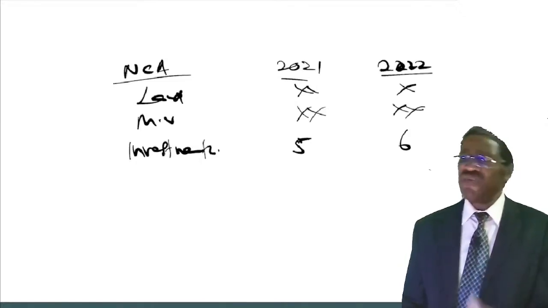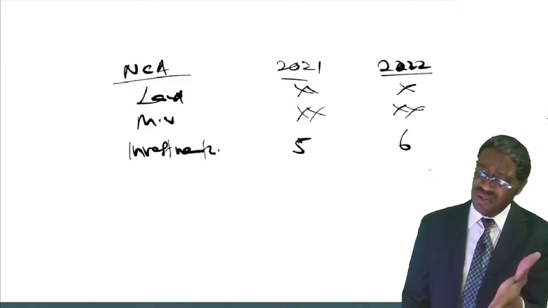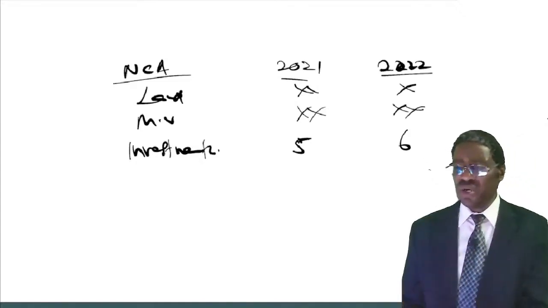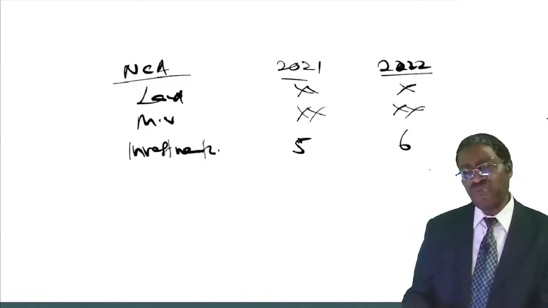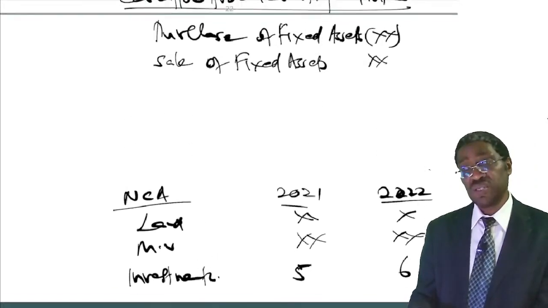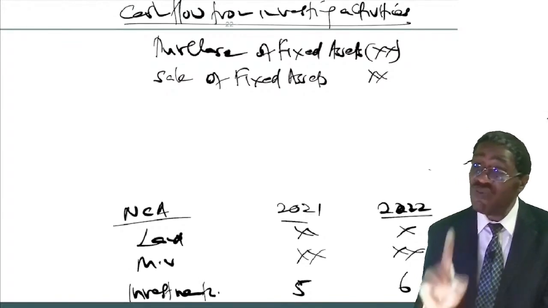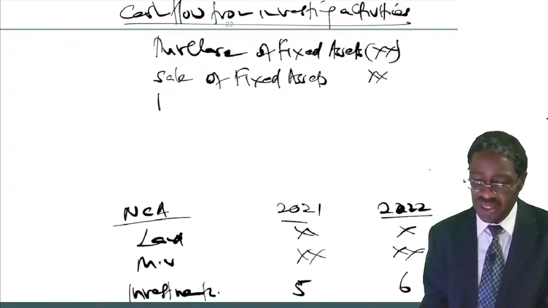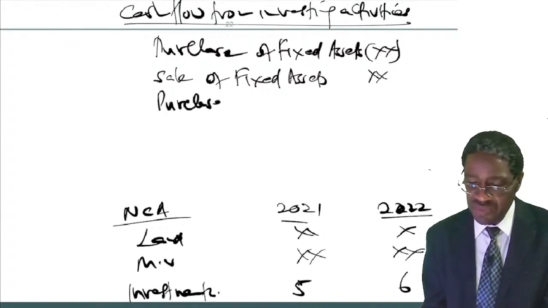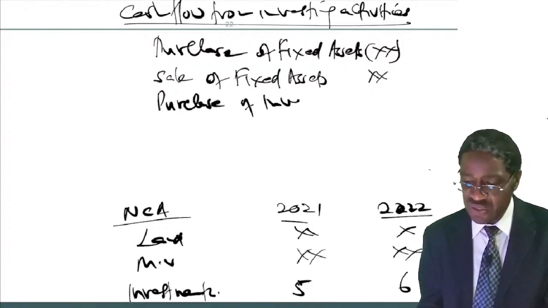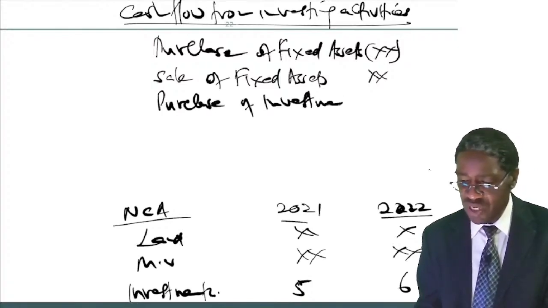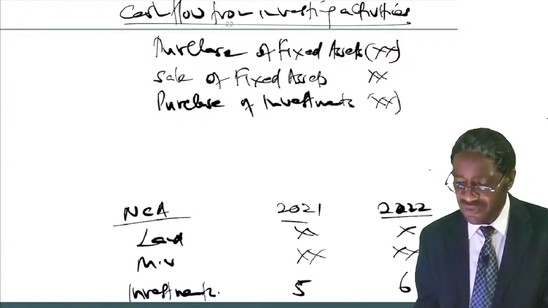Now, if the investment last year was 5 million and this year it's 6 million, what could have happened? It is obvious you must have purchased some investments. So another example of an investing activity is purchase of investments. Purchase of investments, that's an outflow.